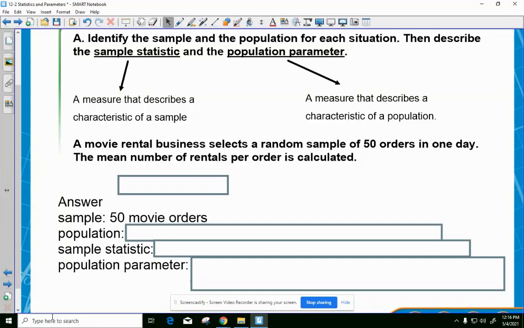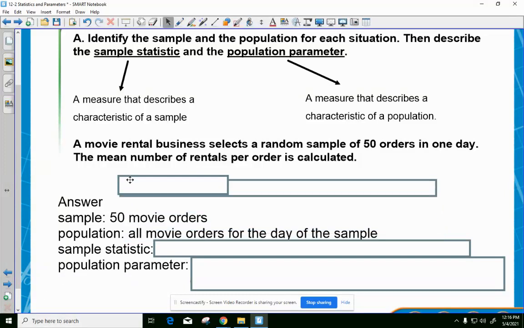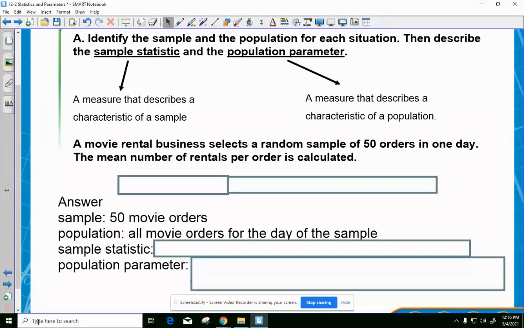Now, our population. Where did that sample of 50 come from? It's not as specific as it should be. You have an idea? There you go. The rentals that came in that one day.